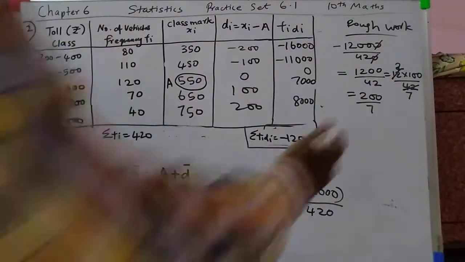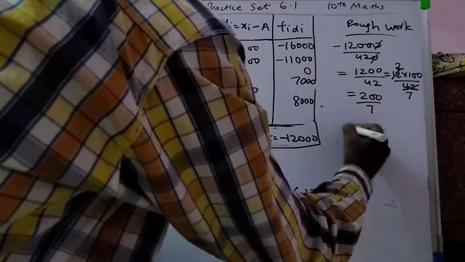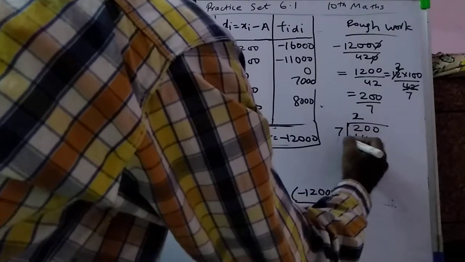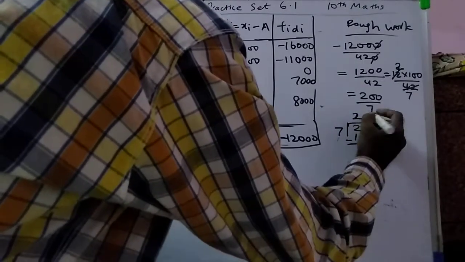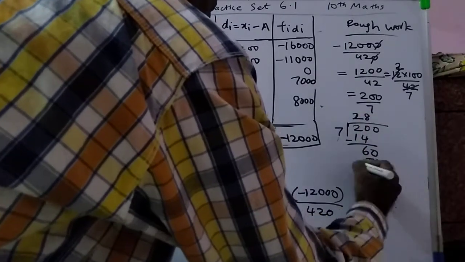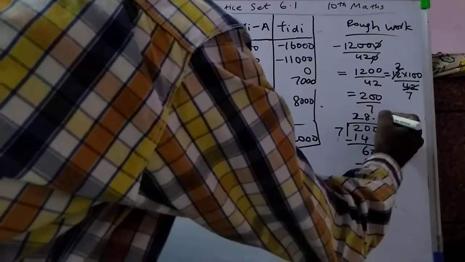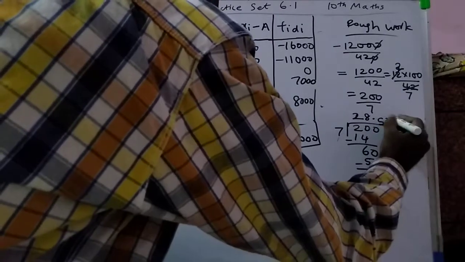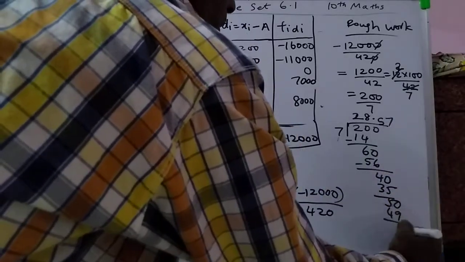Now divide it here. 200 divided by 7 into 2 is 14, then subtract, it will become 50. 7 into 8 is 56, 4 will come, point 5, 35, 7 into 7 is 49, it will go on like this.